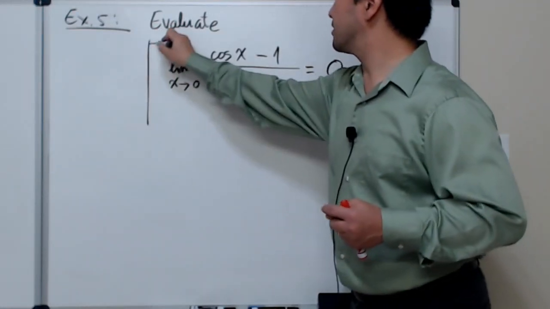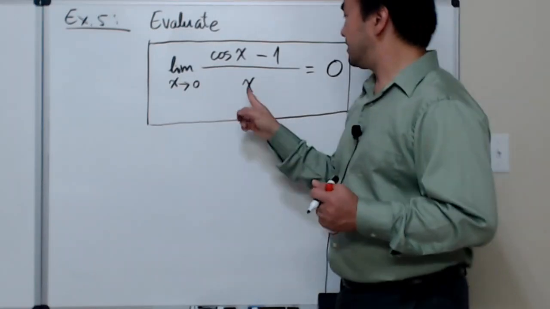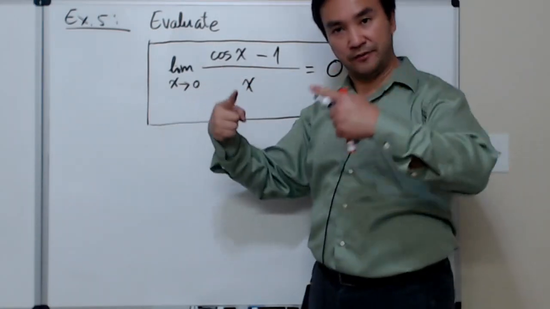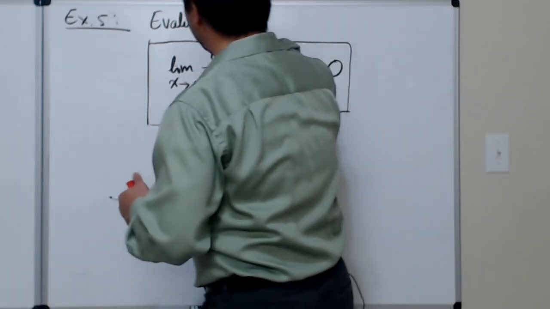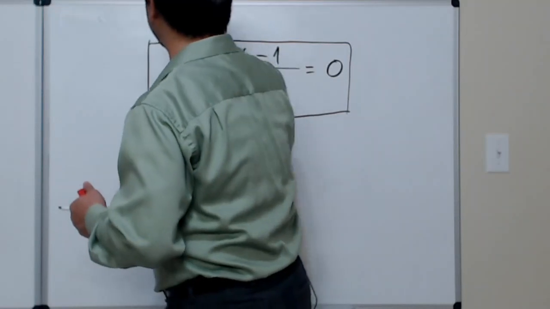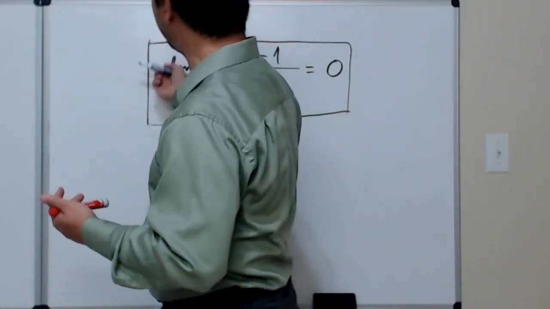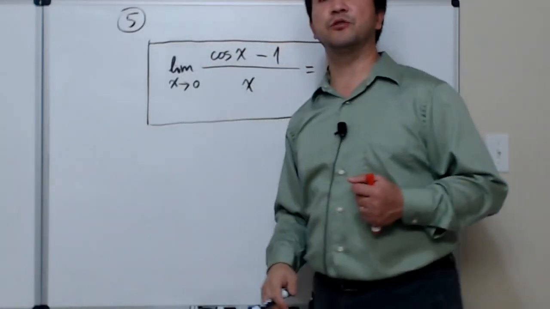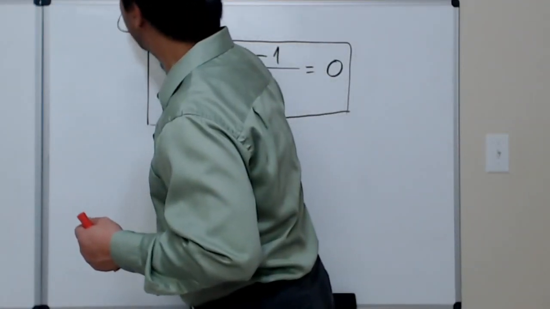This function cosine of x minus 1 over x has limit equals 0 when we let x come close to 0, generally from both sides. And then just for you to know, for any of my face-to-face class, I refer to this as special limit number 5. So now feel free to put it into your own helpful pocket reference list right there.